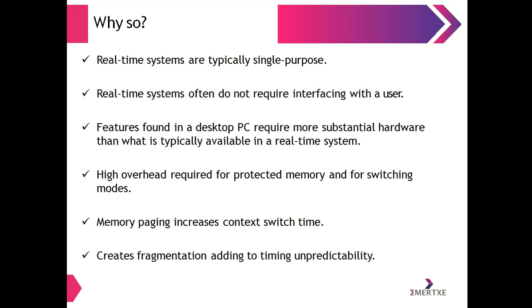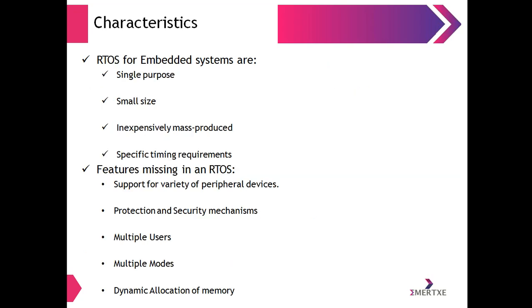All these are single purpose, designed as hardware, and the software embedded within the hardware has the aim of providing a very specific functionality, which does not need to include different other peripheral devices. In case of a washing machine or a digital camera, we really don't need that many peripheral devices. So for that reason, the real-time operating system does not support that variety of peripheral devices.